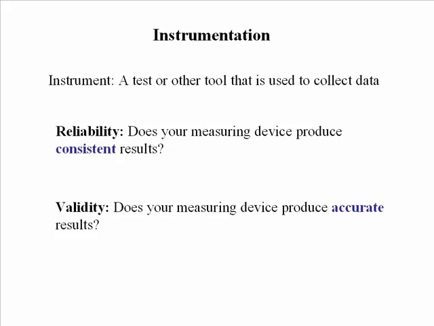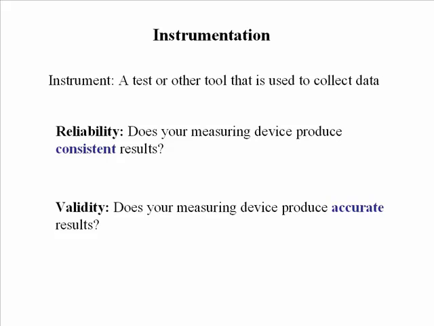So reliability, when we begin that discussion, basically we're concerned with the notion of if an instrument is used repeatedly on the same individual, are we getting the same results back? Assuming we haven't done anything between the first administration and the second administration to cause the performance to change.